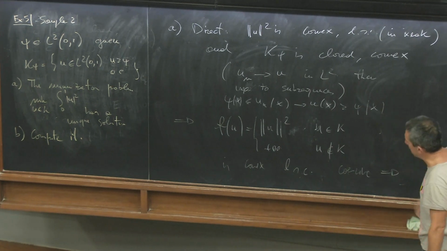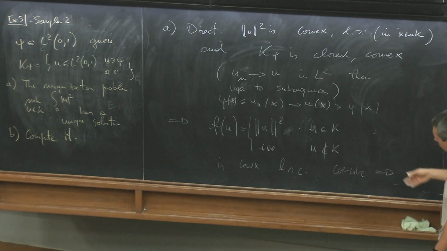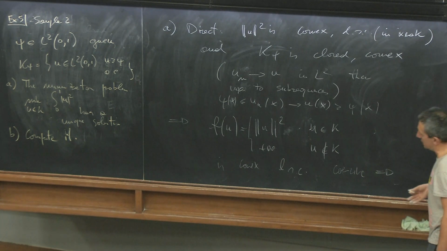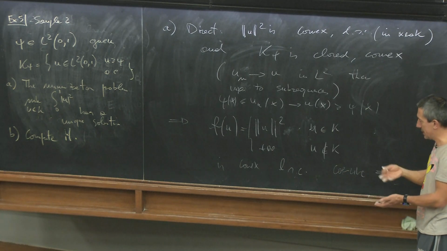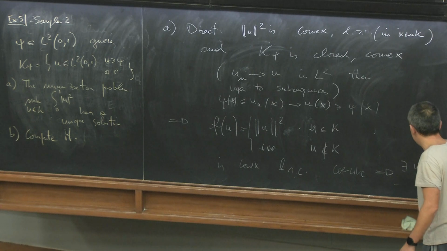Since we are in a Hilbert space, convex lower semi-continuous and coercive functions have compact sublevel sets, so there exists a minimum.